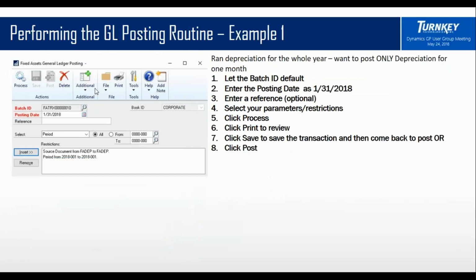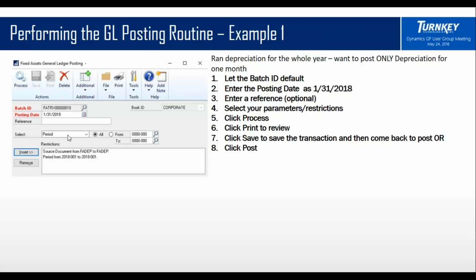So I have a couple examples where you ran depreciation for the whole year. Okay, so you said I ran it through 12/31/18, but I want it to be reflected in each month. So what you have to do is post each batch individually.